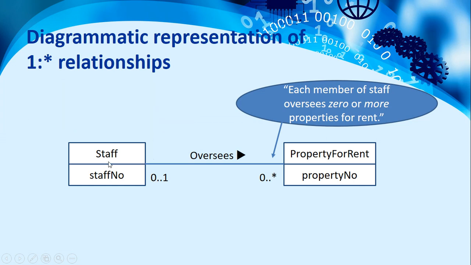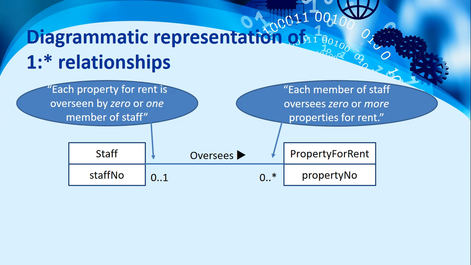So additional info: kung alam natin yung actual na minimum at maximum values for the multiplicity, we can display this instead. So for example, if a member of staff oversees a minimum of 0 and a maximum of 100 properties for rent, you can replace this one, itong asterisk, with 100.